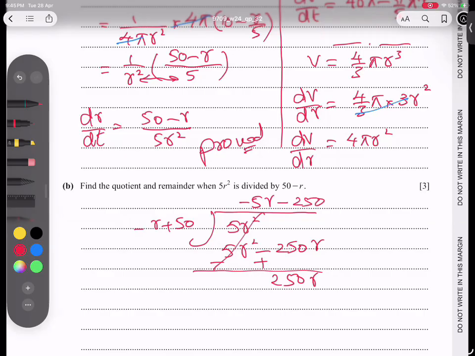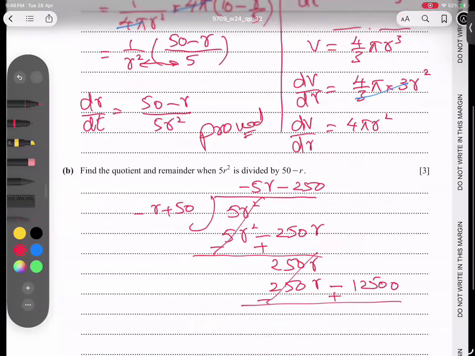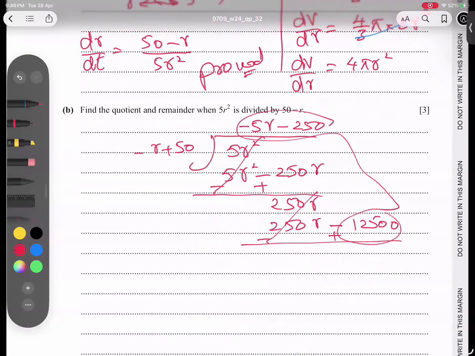So negative 250 multiplied with both numbers, students. So I get 250R positive, and this multiplied with this, I'm getting negative 12500. I think the idea is very clear. And after sign changes, this cancels, and we can say the quotient is this top and the remainder is this.